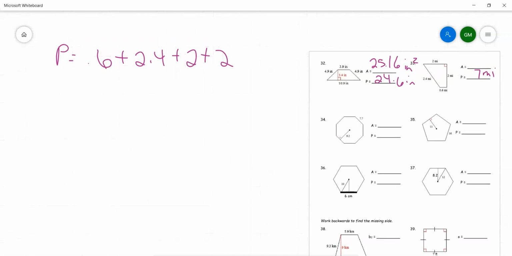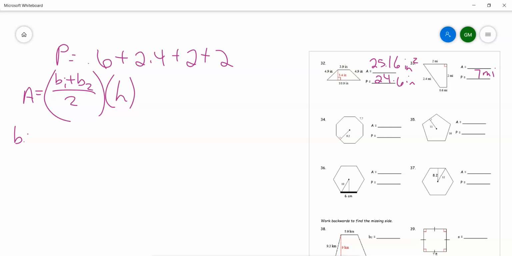And then let's go ahead and find the area. Again, area for a trapezoid is 1/2. Oh, sorry, let's do it the long way. Full fraction: base 1 plus base 2 over 2 times the height.